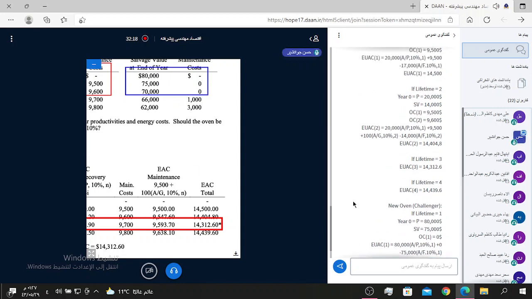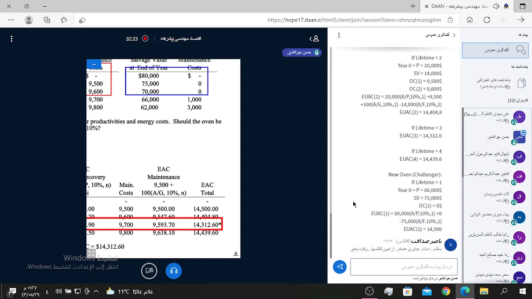For 2, SV equals 70,000, OC1 and OC2 equal 0. UAC2 equals P (A/P, 10%, 2) plus 0 minus 70,000 (A/F, 10%, 2) for 2 years.